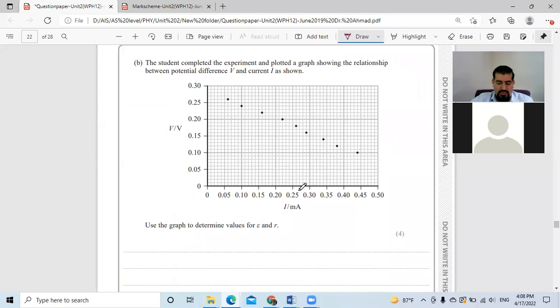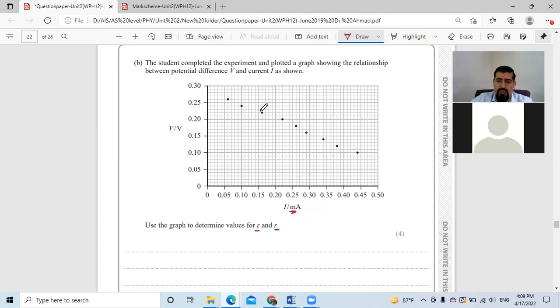Here is what they ask in the next question. The student completes the experiment and plots a graph showing the relationship between the potential difference V and the current I as shown. We know that it's a straight line with a negative gradient, the relationship between voltage and current, and don't forget the current here is in milliamperes, so we have to be careful. Use the graph to determine E and R, 4 marks.